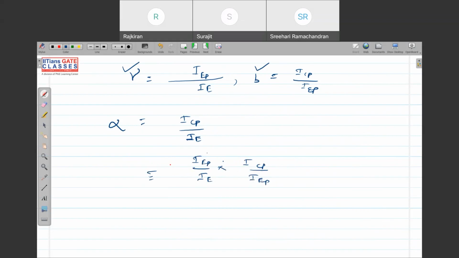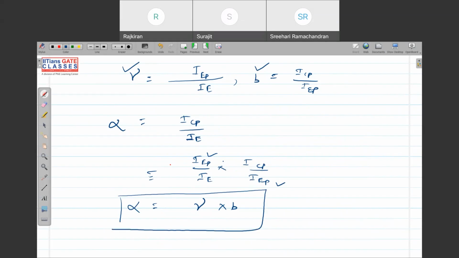So IEP will get cancelled, and I get ICP by IE only. Right? So this is equal to gamma into base transport factor. So alpha is equal to gamma into B.